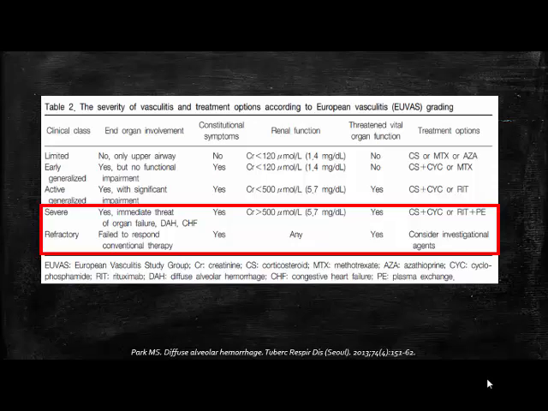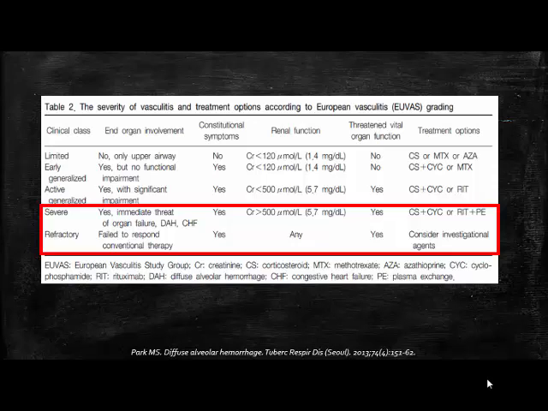And if you look here, the group that really got benefit of pheresis was mainly patients who came to you already with high creatinine greater than 5.7, or who were dialysis dependent. So forget about the diffuse alveolar hemorrhage. Nephrology might come tell you creatinine is not greater than 5.7, I'm not going to do pheresis.